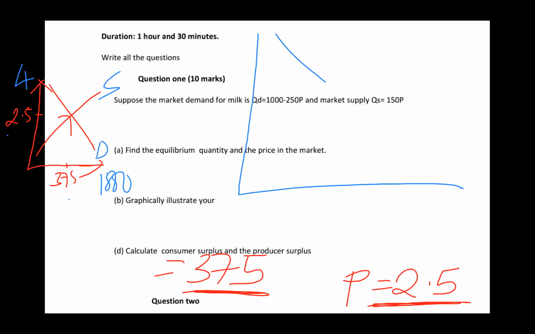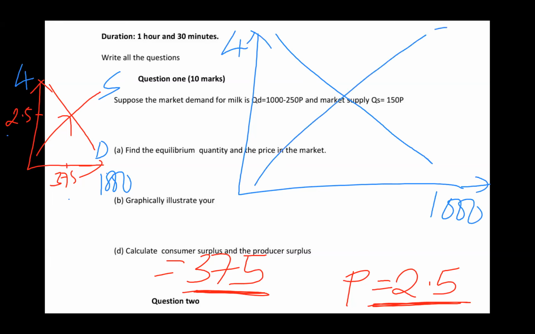Quantity demanded here you have 1,000, and on the vertical axis you have 4 quarters. Then you have supply and demand. The price is 2.5 and the quantity is 375, isn't it?